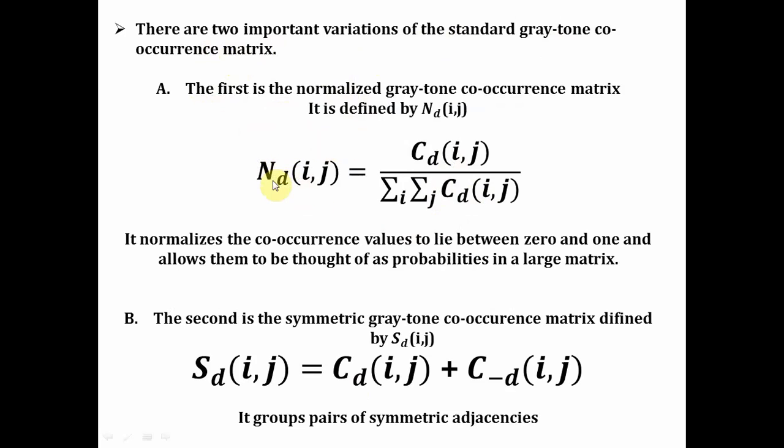So you will get the normalized version of a co-occurrence matrix, that you need to divide your co-occurrence matrix, means each and every pixel value, divided by the total number of pixel values.